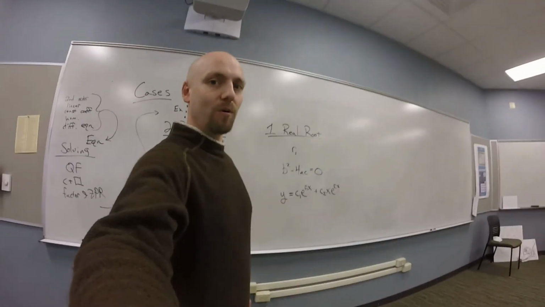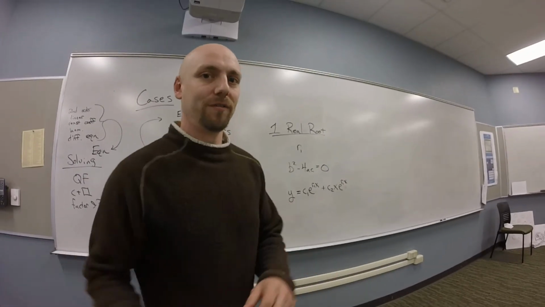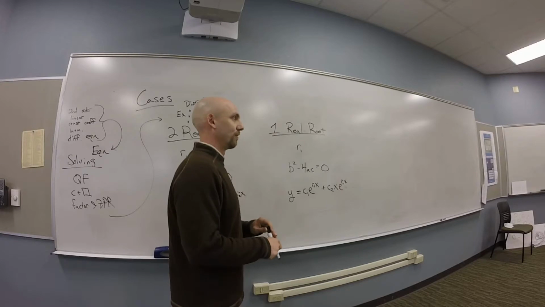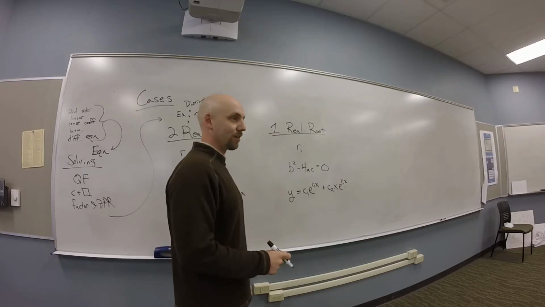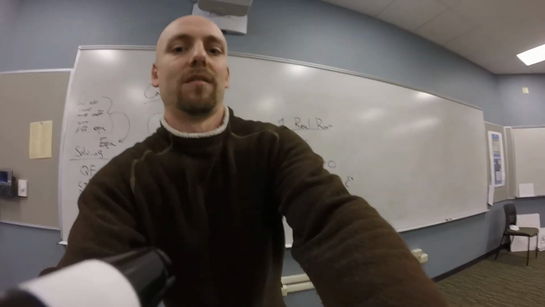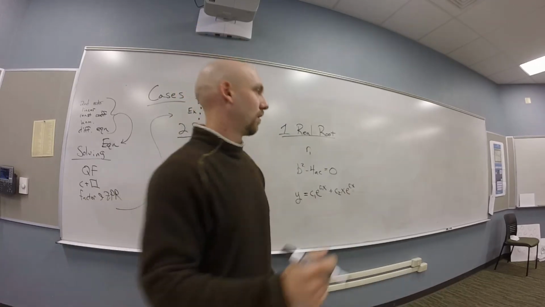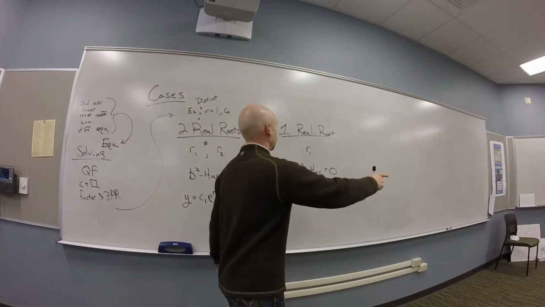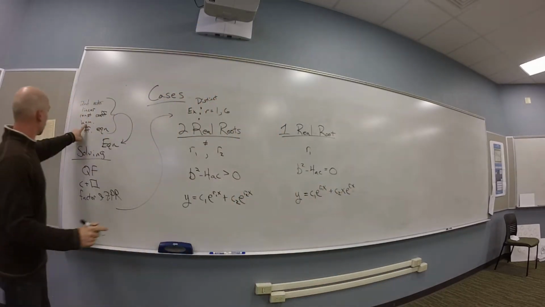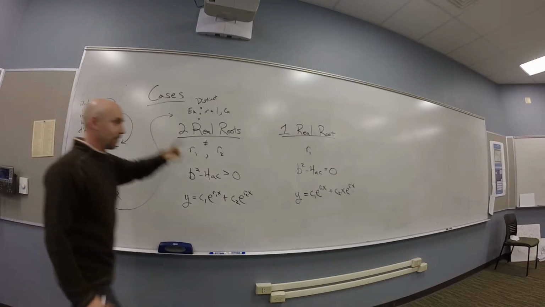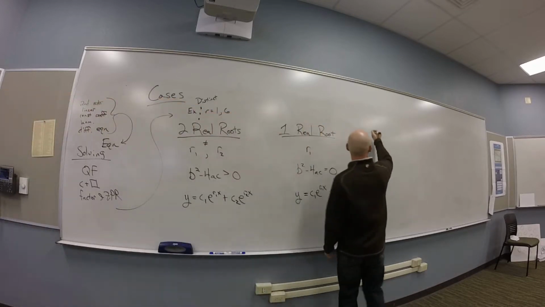Okay. What are the other two options? So one option is relatively apparent, I think. Two complex roots.